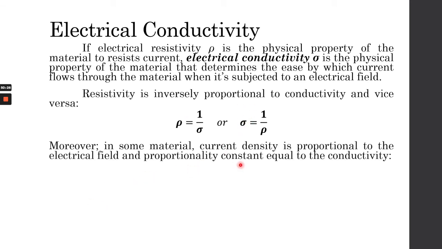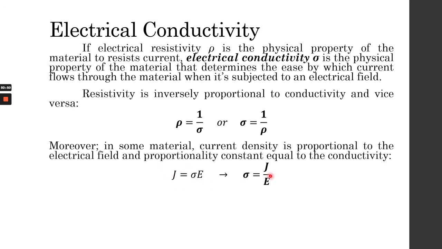Moreover, in some materials, current density is proportional to the electrical field and the proportionality constant is the conductivity. We've discussed current density. We can also use this equation, which is electrical conductivity times electrical field equals current density.